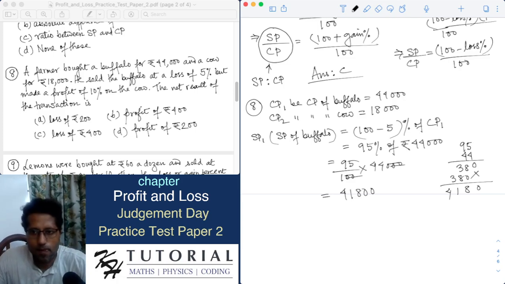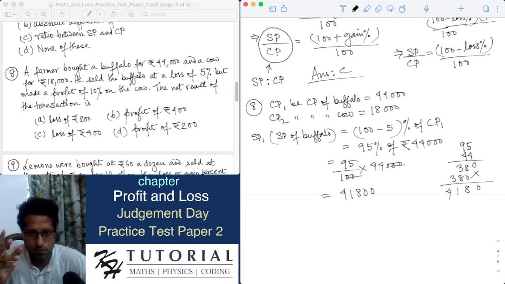Now, what is the net result of the transaction? Oh, we need not calculate the selling price. We just need to find the exact amount of loss in the first case and the exact amount of profit from the second case, and then see which is greater.